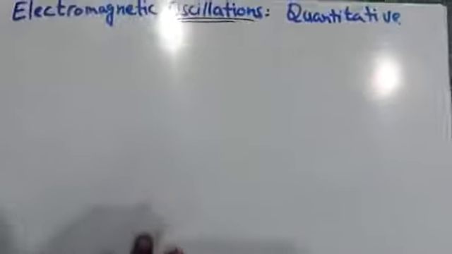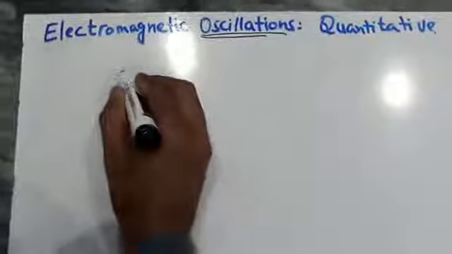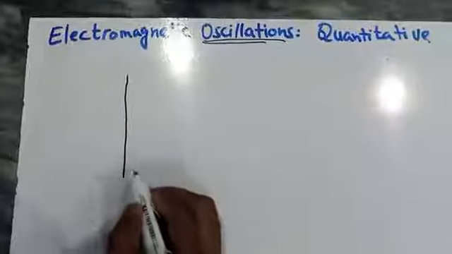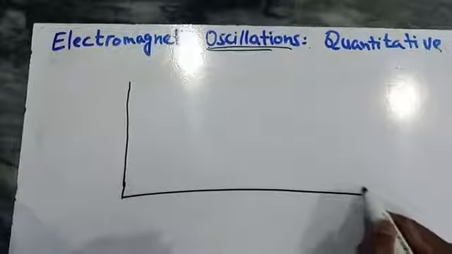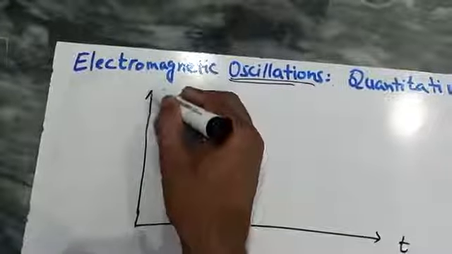To discuss the graphical variation of electric and magnetic energy with respect to time, we draw a graph between time and total energy.